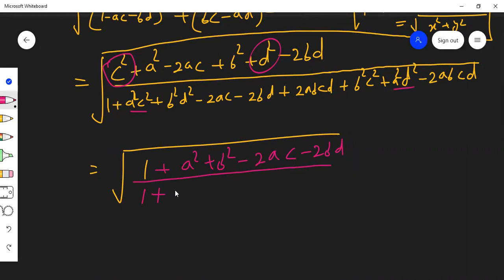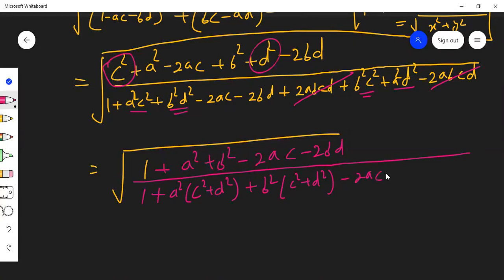When we group these two terms, I can take a squared common, and here we get c squared plus d squared. Similarly, we can take b squared common in these two terms, this one and this one, so it gets c squared plus d squared in the bracket. And 2abcd is gone, and minus 2ac minus 2bd.